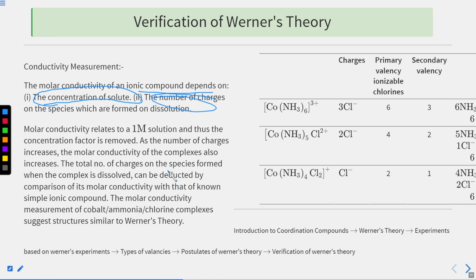So he took the various compounds that were found of different colors, and he did the conductometric experiment in which he found that the number of ions was decreasing. In this case we have 3 Cl and 1 this, so 3:1.